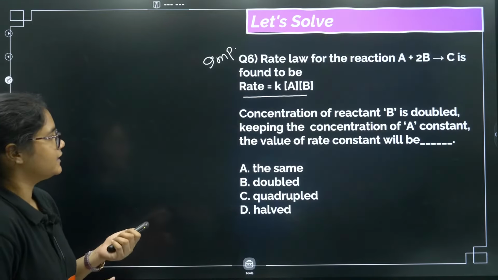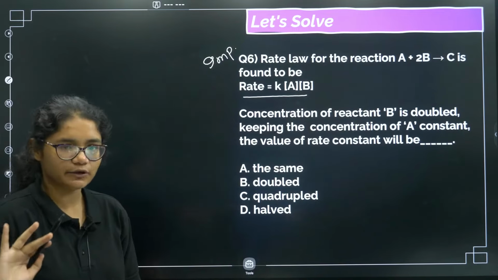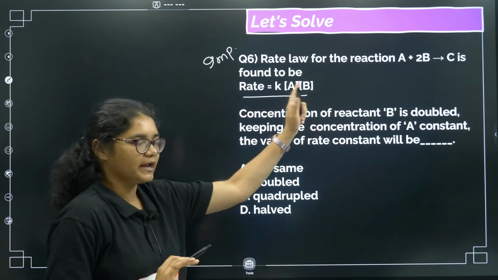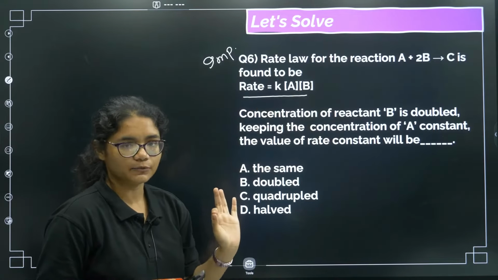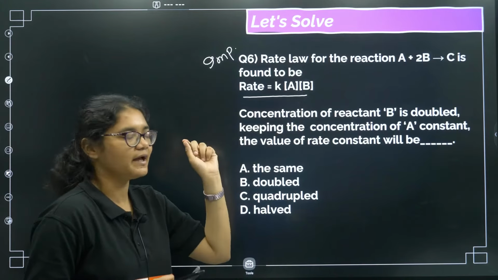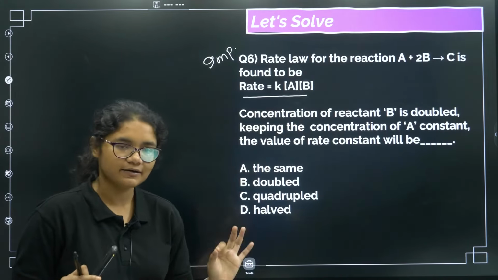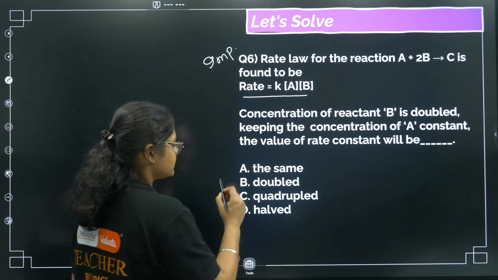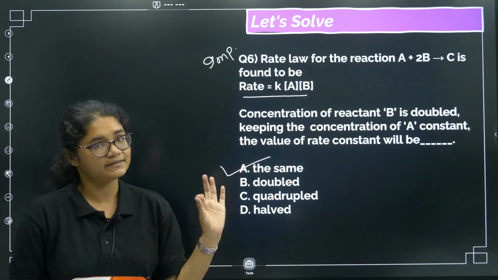So the question is telling that we have this reaction A plus 2B giving C. Now rate is equal to K into A B. You have changed the concentration of B and made it double. Now the question is asking what will be the rate constant. So remember, when the concentration changes, it doesn't affect the rate constant, it still remains the same. So what will be the answer for this question? Option A. The rate constant will be the same.